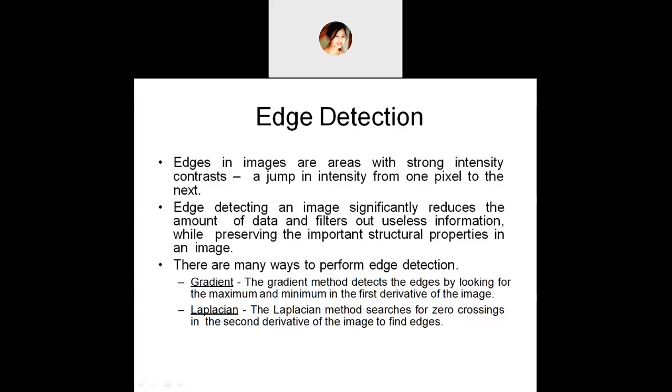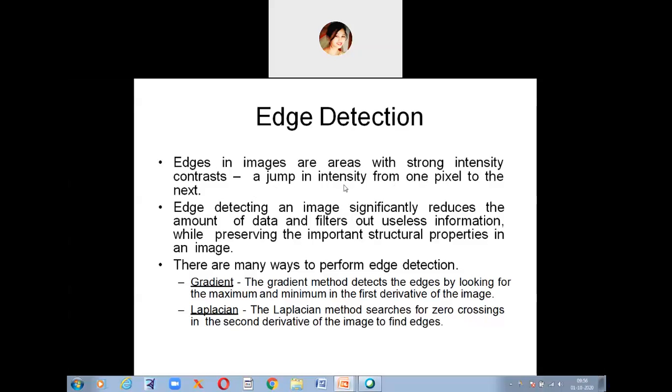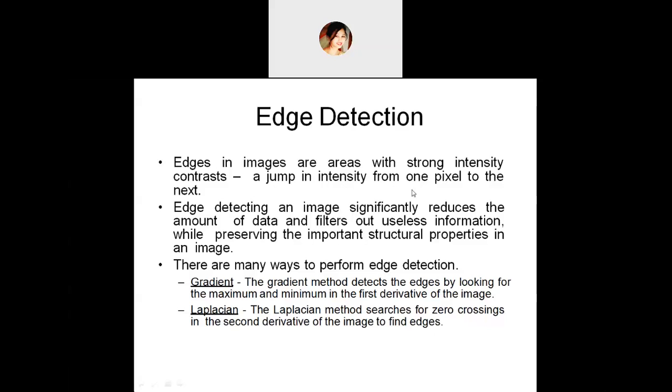First you try to analyze the shape of the image, and after analyzing the shape, you say maybe it is a rectangle, maybe it is a mobile, maybe this is this, maybe this is that, right? So edge detection is a very important property to define an image. And we talk about strong intensity contrasts here, that is, a jump in intensity from one pixel to the next.